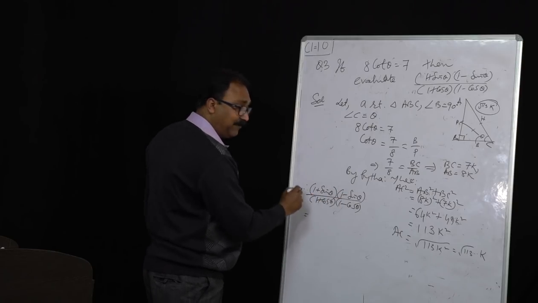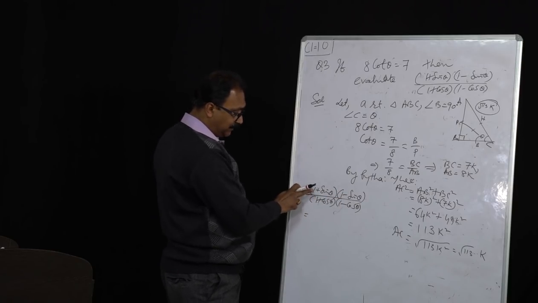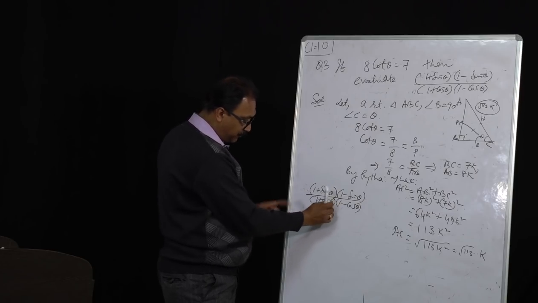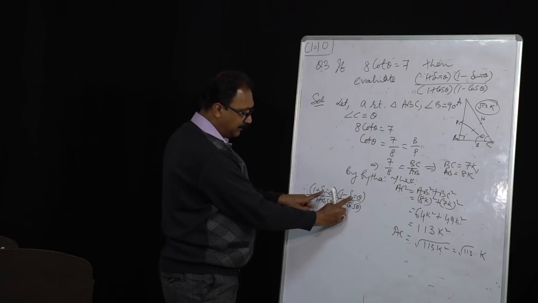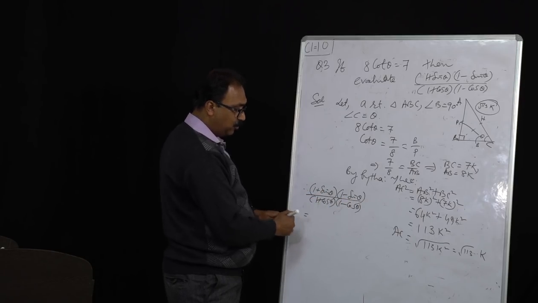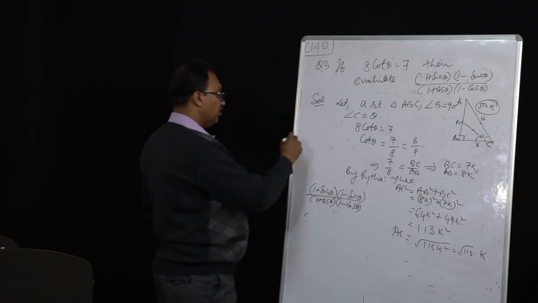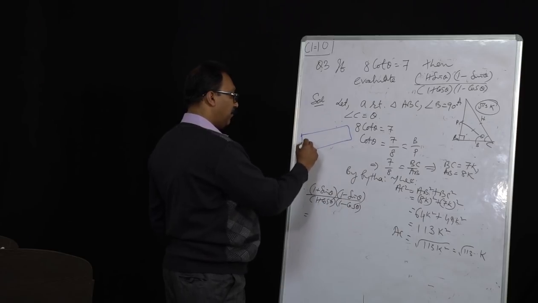There is one algebraic formula to be applied. Look at this. These two are same. These are same. These also same. So if I consider this is A, this is B, then A plus B, A minus B, like down also. So what is the formula of A plus B into A minus B? Look at this. This is the algebraic formula.